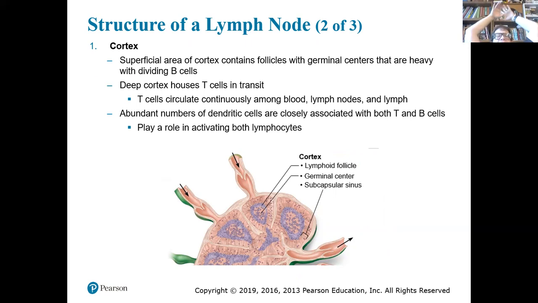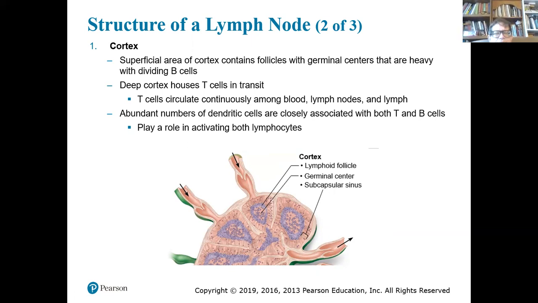If I didn't mention it yet, there's a capsule, a connective tissue layer around this whole thing, keeping it intact as a nice big lump. And there are little walls coming in from it that are called trabecula. So here we have a capsule, and here we have a trabecula diving in through the cortex. In fact, I think that's where they draw the definition of cortex and medulla. If you've got trabecula, you're in cortex.